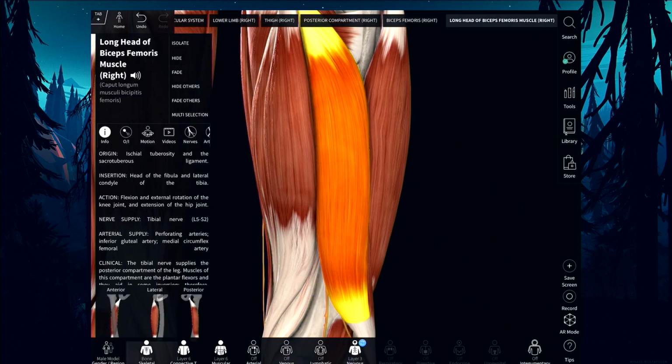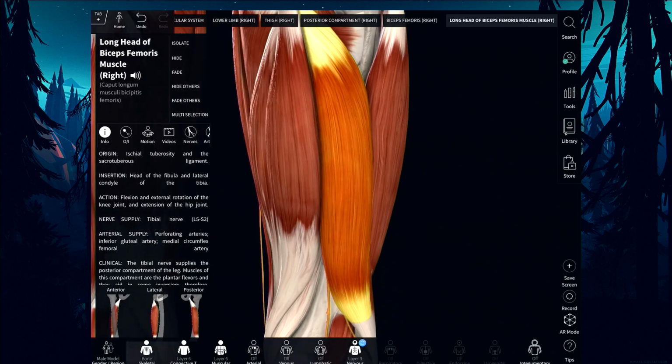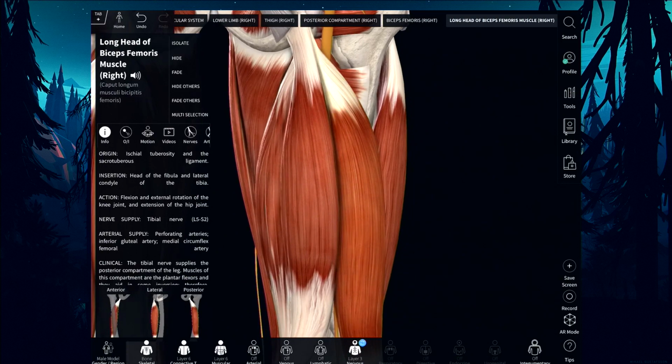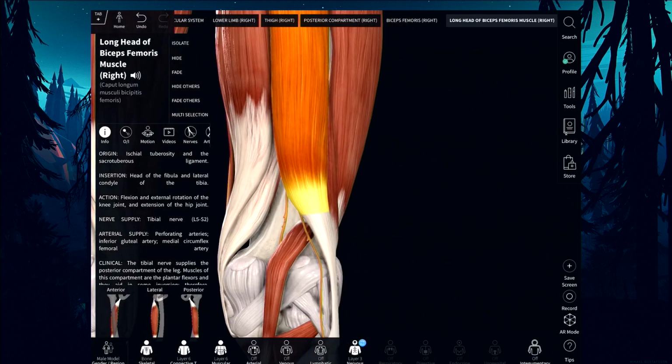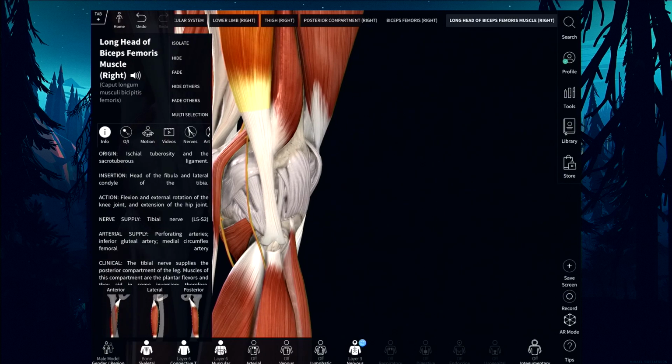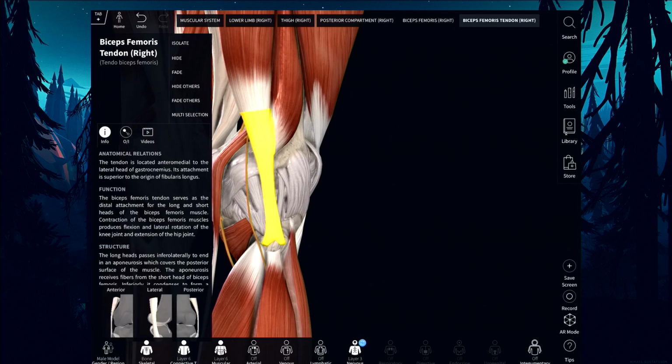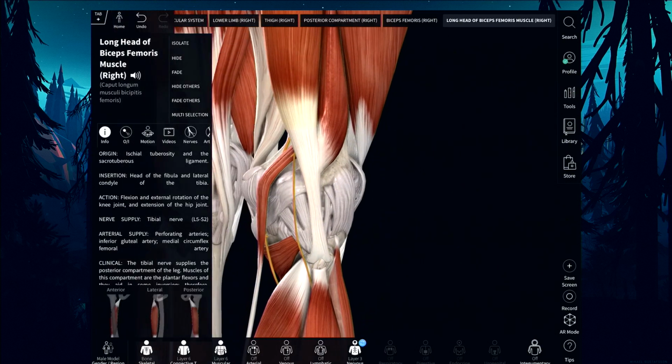The most obvious head of the biceps femoris is the long head. It's the only one that you can see superficially. And this one shares the same origin, ischial tuberosity, but it inserts laterally on the head of the fibula. So you can see it inserting here through the biceps tendon, right onto the head of the fibula.